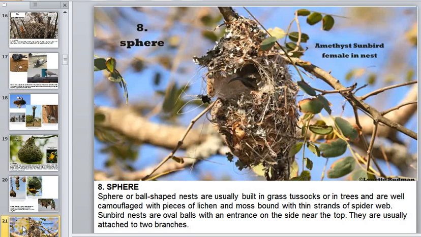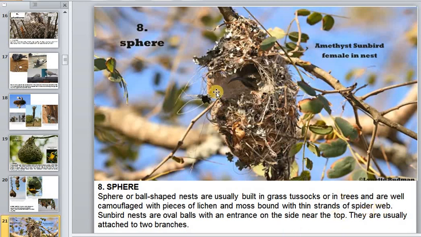But one more kind, sphere or ball-shaped nests, are usually built in grass or in trees, and are well camouflaged, bound with thin threads.